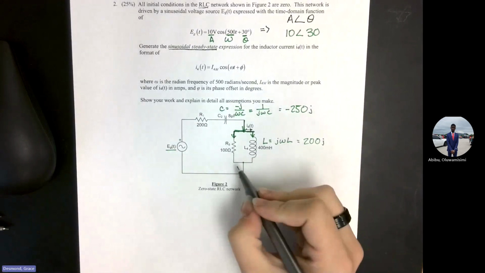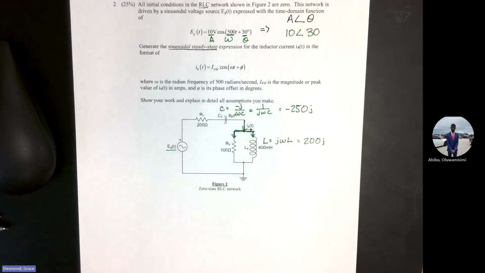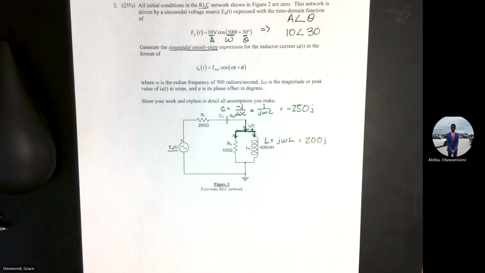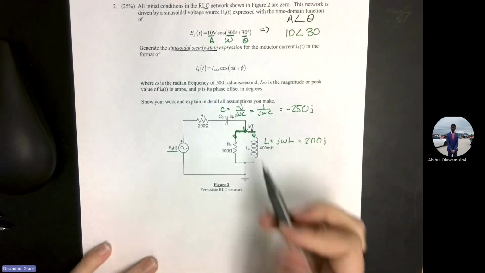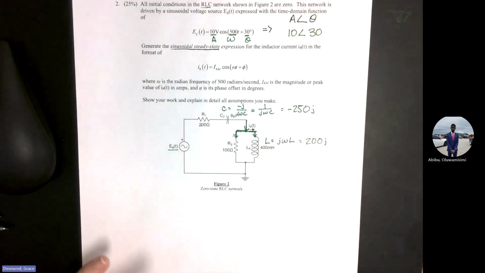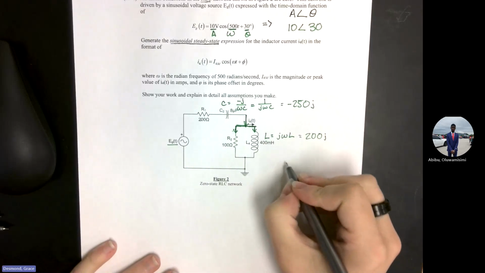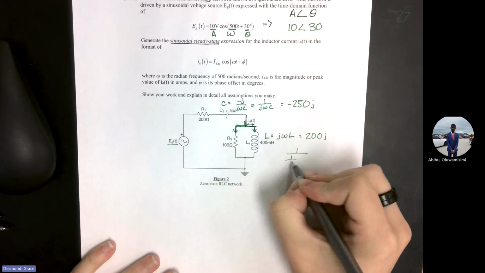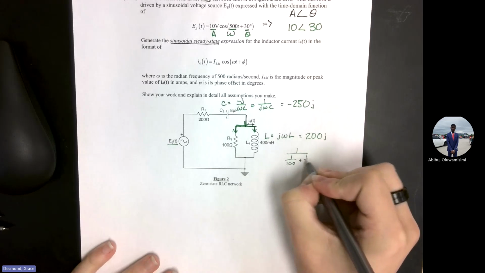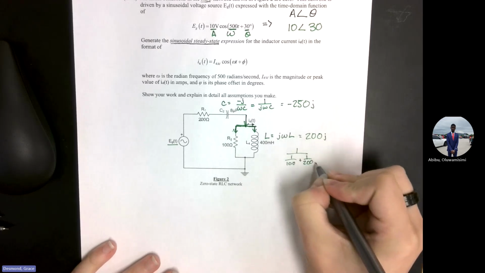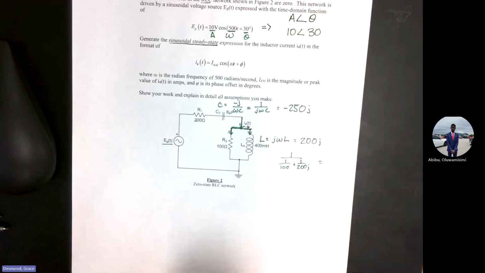Exactly. So first we're going to combine these two and find the big current, and then we'll current divide. So what is the impedance of R3? It's 100. So this one, 200, that one, 100. So in parallel, it's going to be 1 over 100 plus 1 over 200J. Just combining those two in parallel.